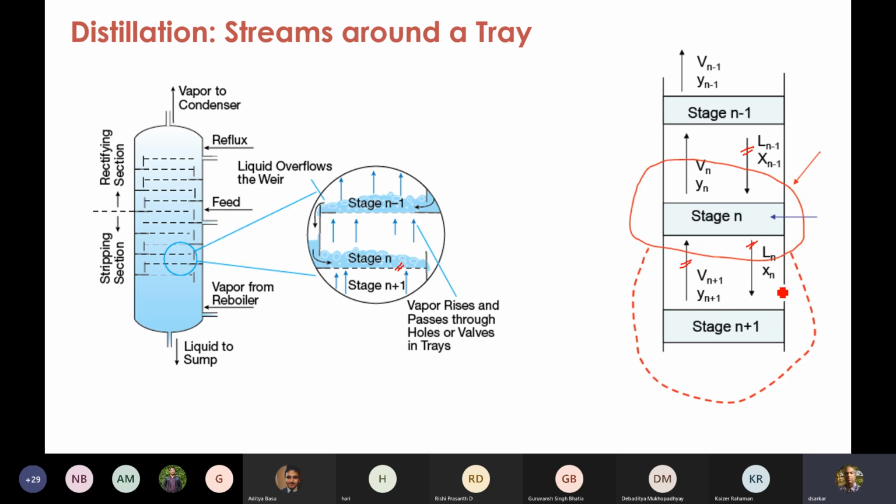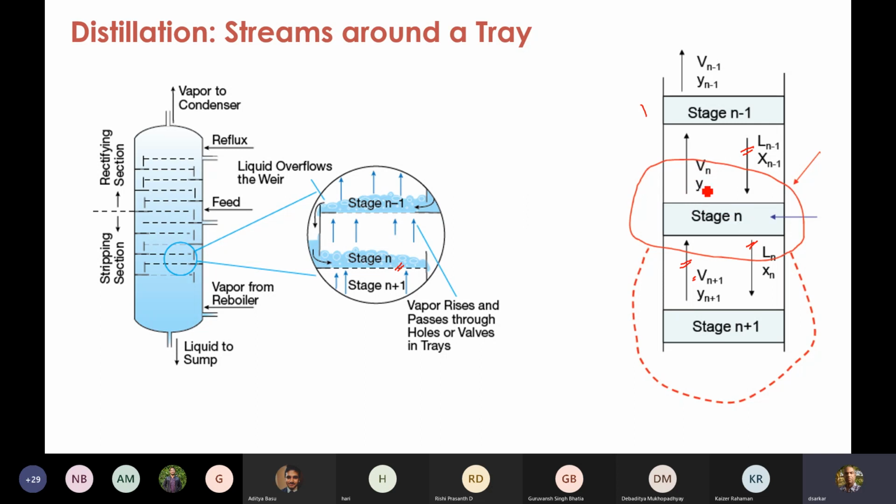It will have composition Xn. This vapor is approaching stage n, so it is coming from stage n plus 1. If we start numbering from the top, this vapor stream will be represented as Vn plus 1. So this is the molar flow rate of the vapor that is coming from stage n plus 1. Its composition will be Yn plus 1. The same thing will happen for this vapor stream that leaves stage n.